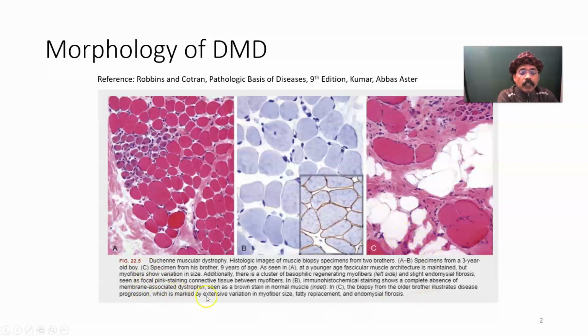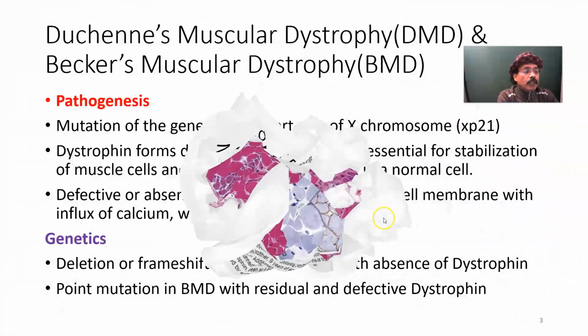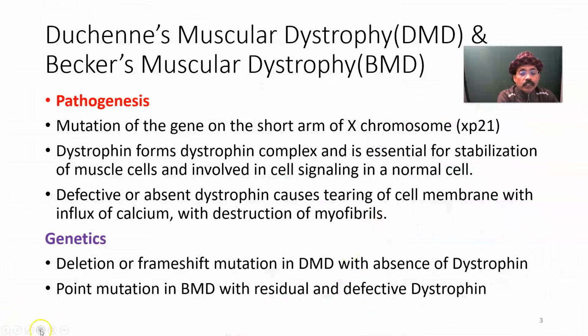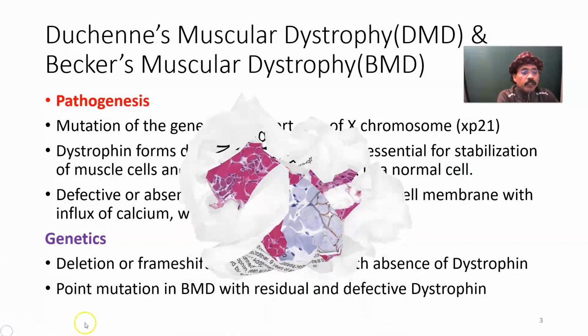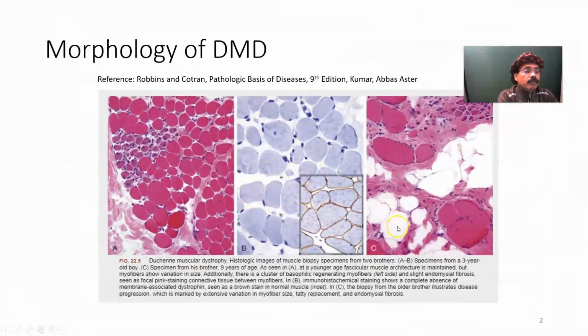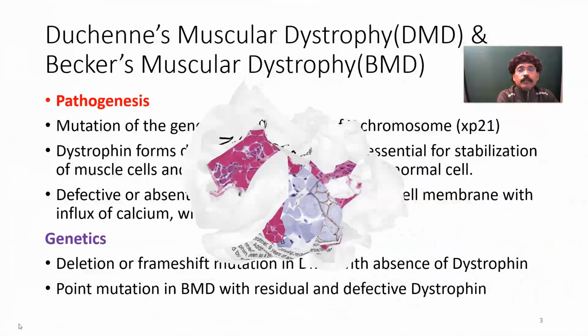So there is extensive variation in myofiber size, fatty replacement, and endomysial fibrosis. In the endomysium, a lot of fibrous tissue develops, with fibroblasts. And we get the fatty replacement here. Fat is coming here.